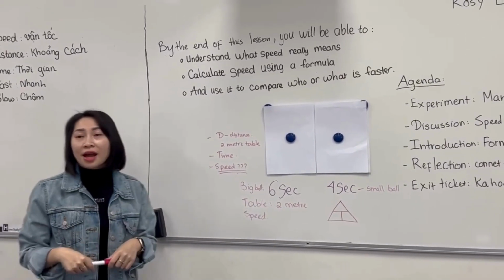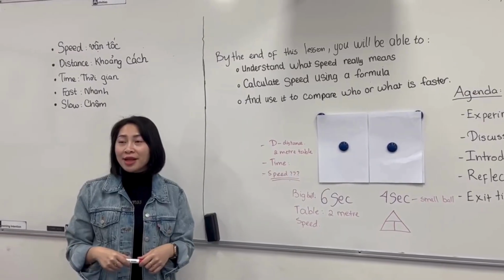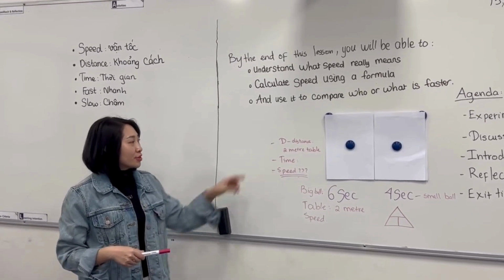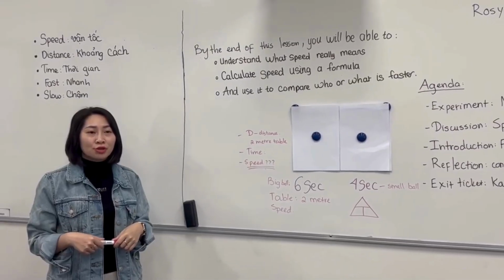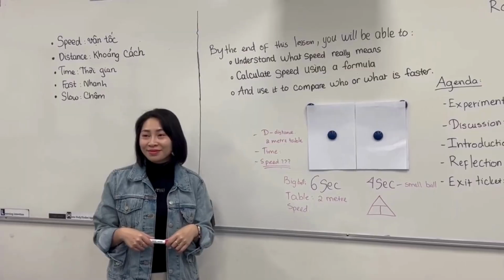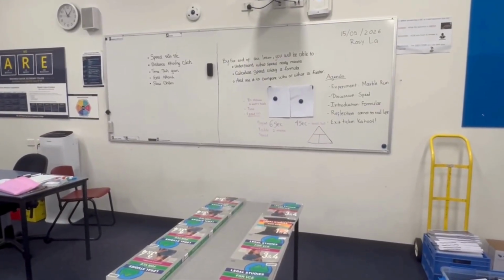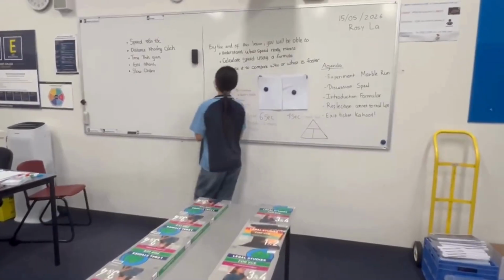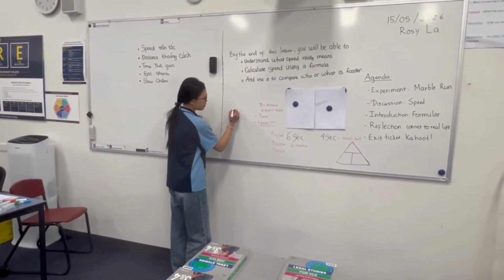I believe in our class, we are year 8, so everyone should know the alphabet, right? So if I put the D, T, and S here, can anyone help me put them into alphabetical order? Okay, so we have a volunteer here. Thank you, Maya, again. Can you help me to organize the letters D, S, and T in alphabetical order, please?